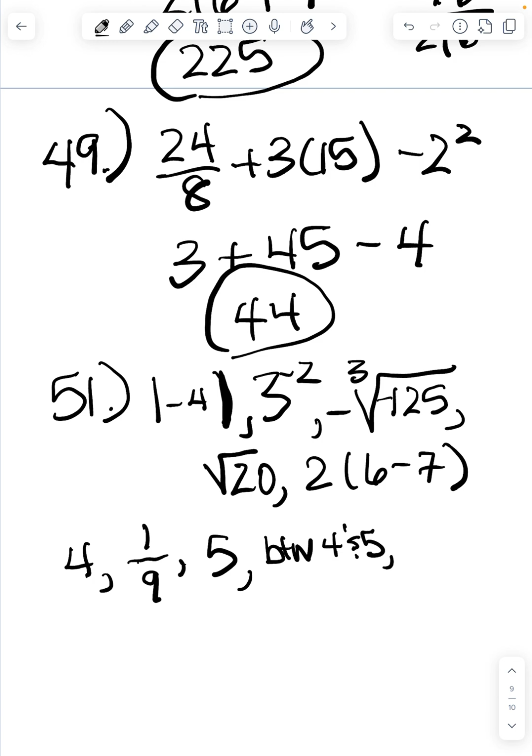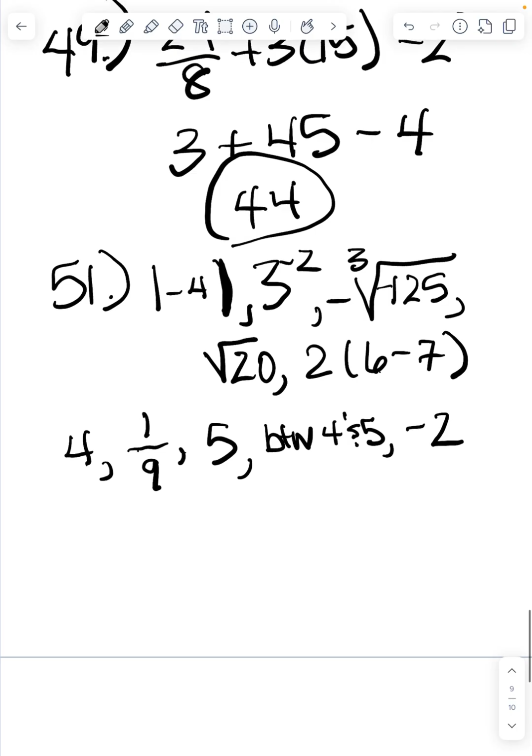Wow. Okay. And then we've got 2 times the quantity 6 minus 7. And this is going to be -2. So 6 minus 7, you could just apply the distributive property here if you wanted to, or I just did 6 minus 7 in my head real quick, got -1 times 2 is -2.